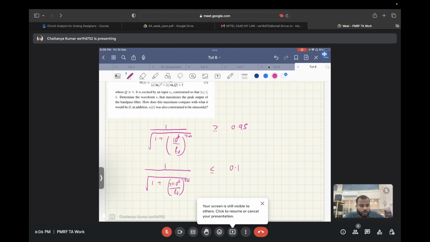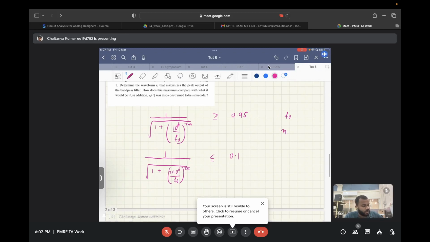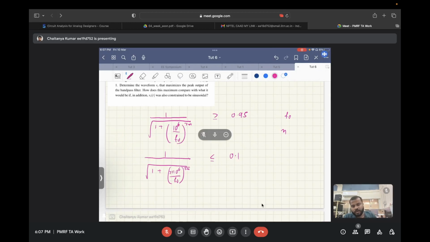Okay, so what we need to find is f naught, that is the 3 dB bandwidth, and the order of the function, that is n, correct? Now the minimum order of the function, and so we want to achieve this with minimum complexity possible.